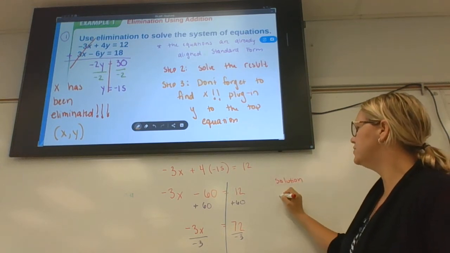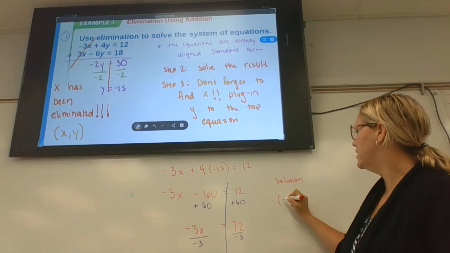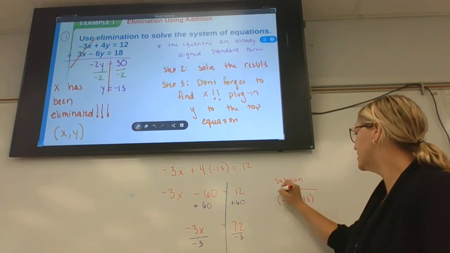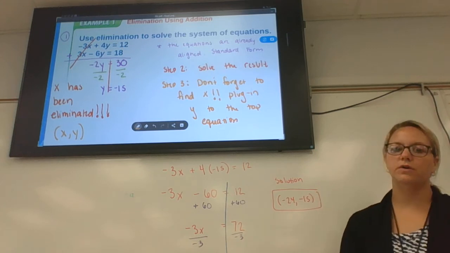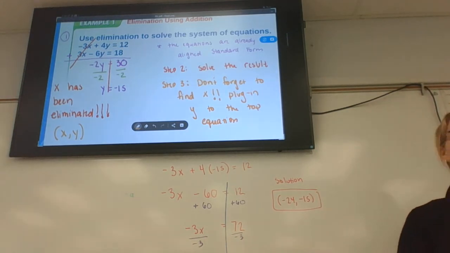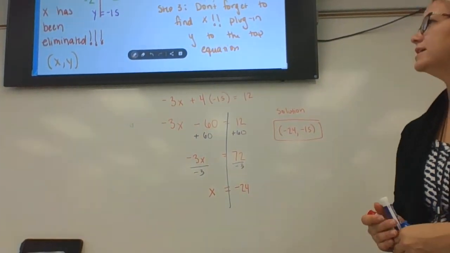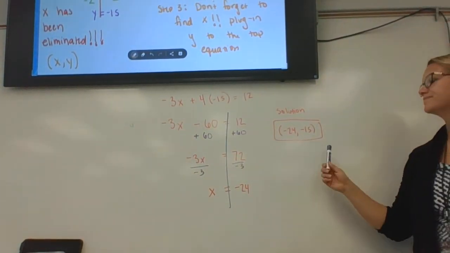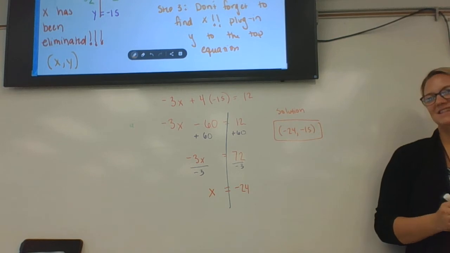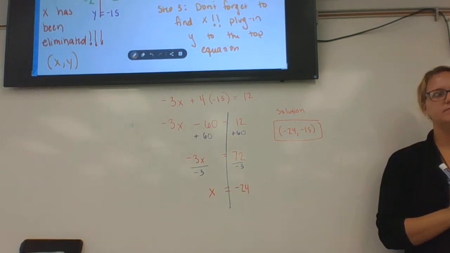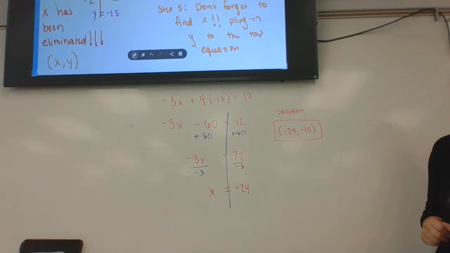So our solution is -24, comma -15. You could go through the grief of graphing them both and checking, or you can use Desmos. Okay, all right, let's do what?